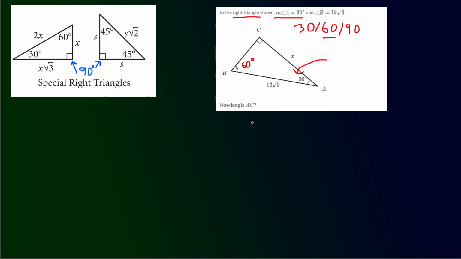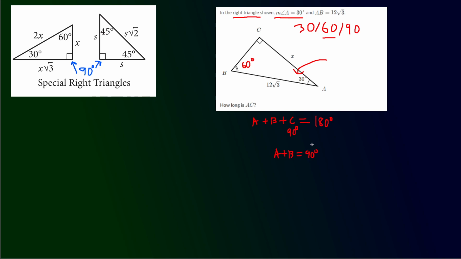And if you're confused on how we know that, in any triangle there's three angles, A plus B plus C, and they must all add up to 180 degrees. If we say that one of the angles is 90 degrees, then we can subtract that from both sides of the equation, and we get A plus B equals 90 degrees.